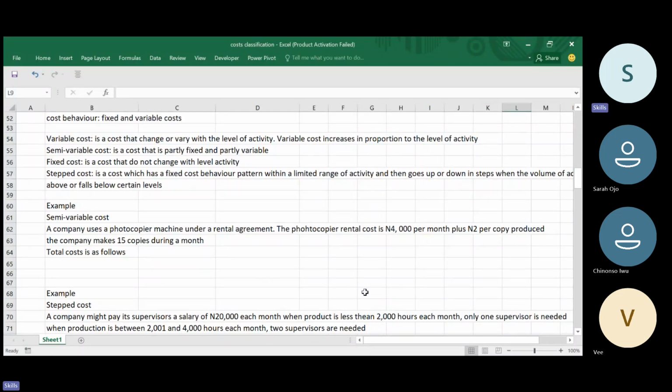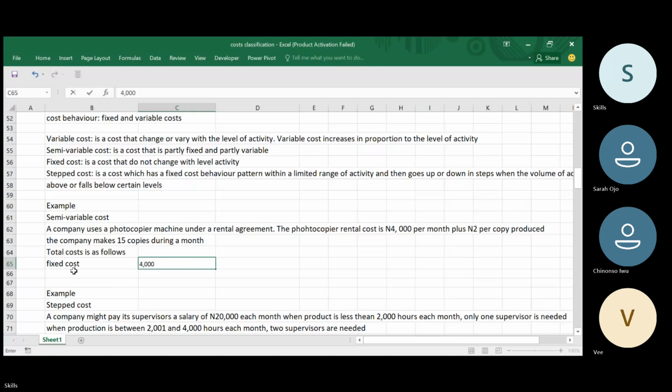Okay, so now if you are to determine the cost here, the rental cost, which we will say is the fixed component, will be the 4,000 naira.